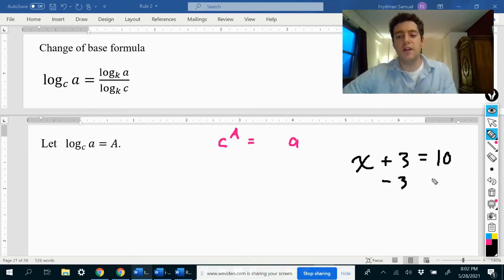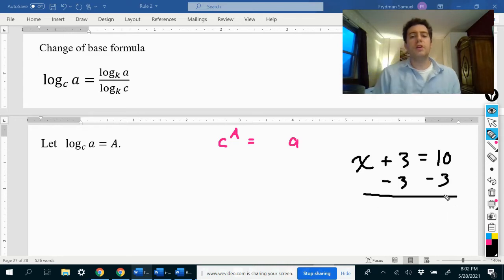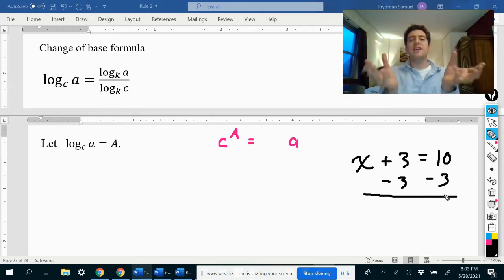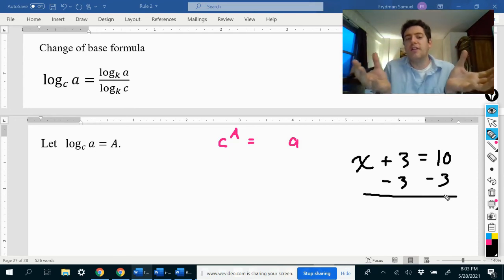That means I have to do -3. But really you can do whatever you want to an equation. If two things start out equal to each other, then as long as you're doing the same thing to both of them, regardless of what you're doing, both sides would still be the same.